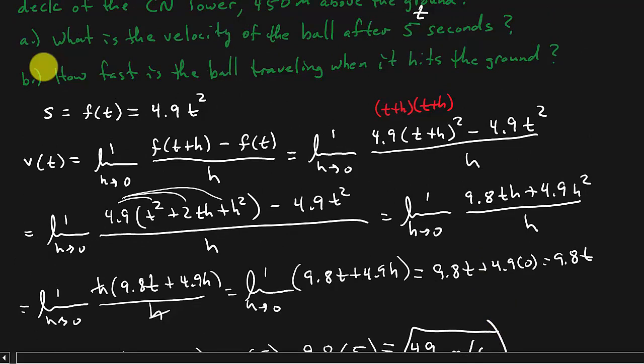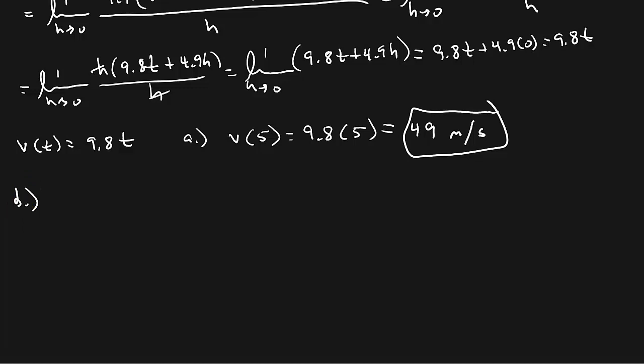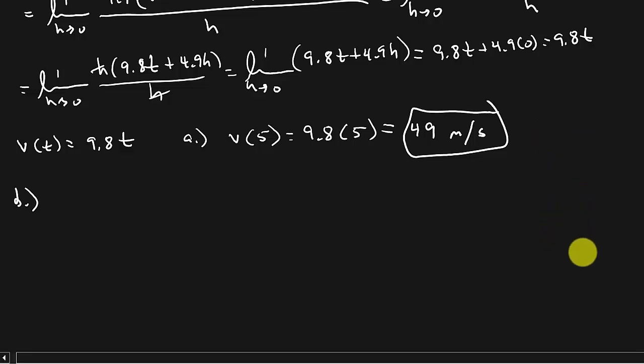Part B, how fast is the ball traveling when it hits the ground? Okay, so for part B, when it hits the ground, think about this. The ball is what? It's 450 meters above ground.